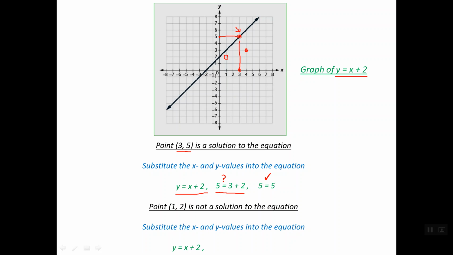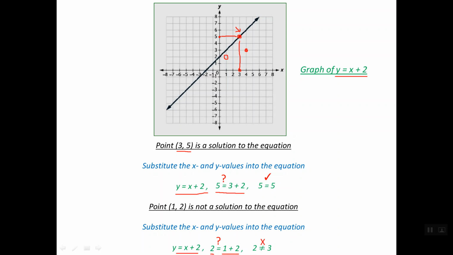If we substitute x to be 1 and y to be 2, we have y equal to 2, and the right side is x plus 2, 1 plus 2. We need to check this statement. The right side is 3 and the left side is 2, so the equation is not correct.